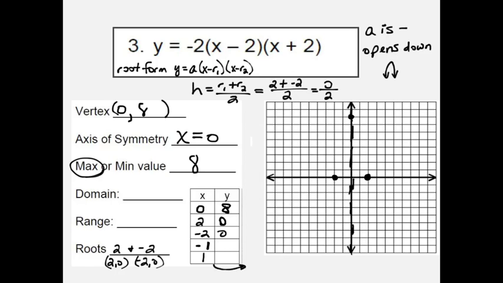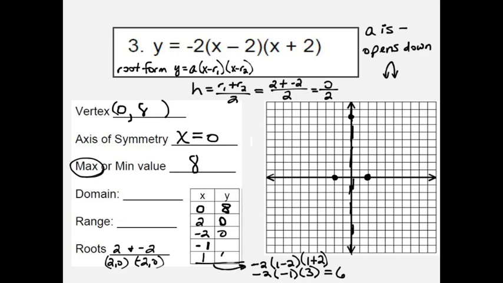And we put it into our equation. We have negative 2 times (1 minus 2) times (1 plus 2). So that's negative 2 times negative 1 times 3, or positive 6.